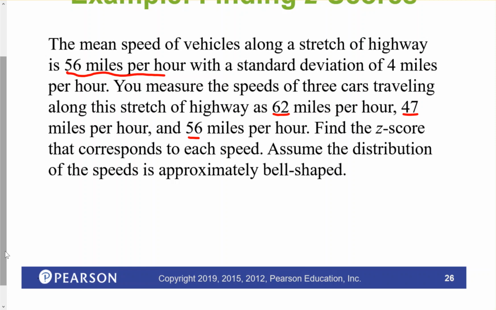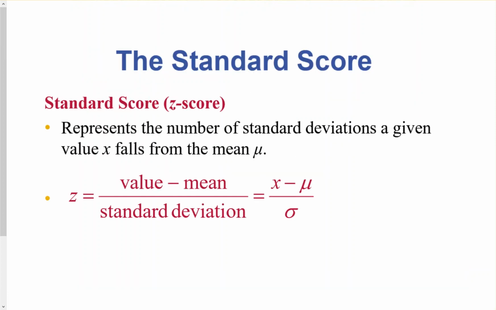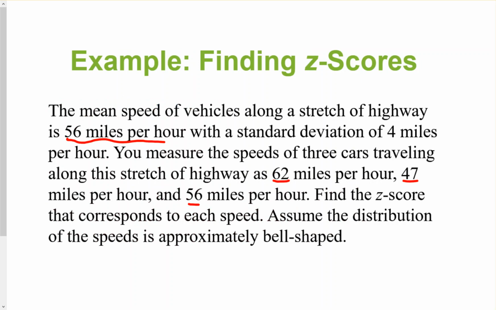Okay, so let's see if we can figure this out. The formula again is x minus mu over sigma, so x minus mean over standard deviation. That will give us our z-score.